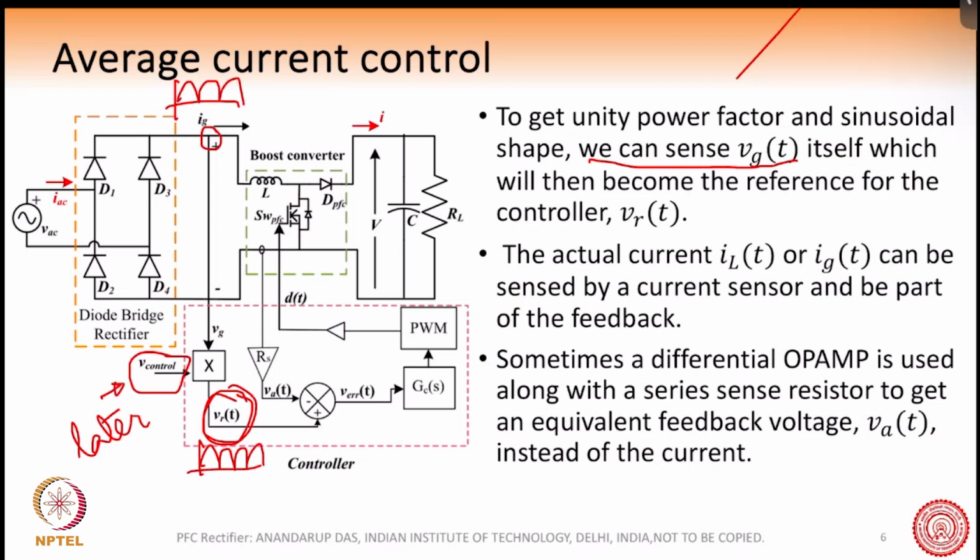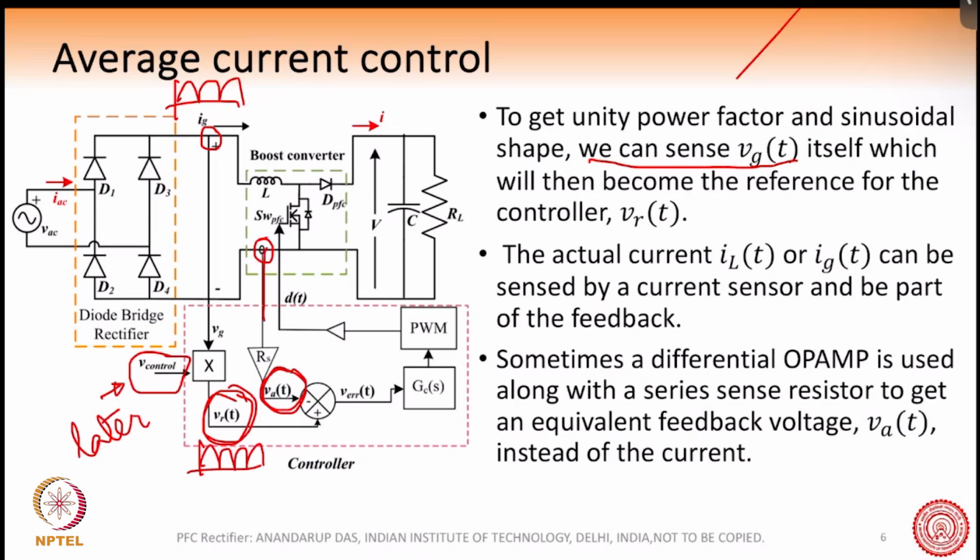Okay. Now, in order to make this a closed loop system, we must have a feedback of the current. This feedback comes from here. This current can pass through a gain, or be sensed by a current sensor, and then this voltage here is the voltage proportional to the current.